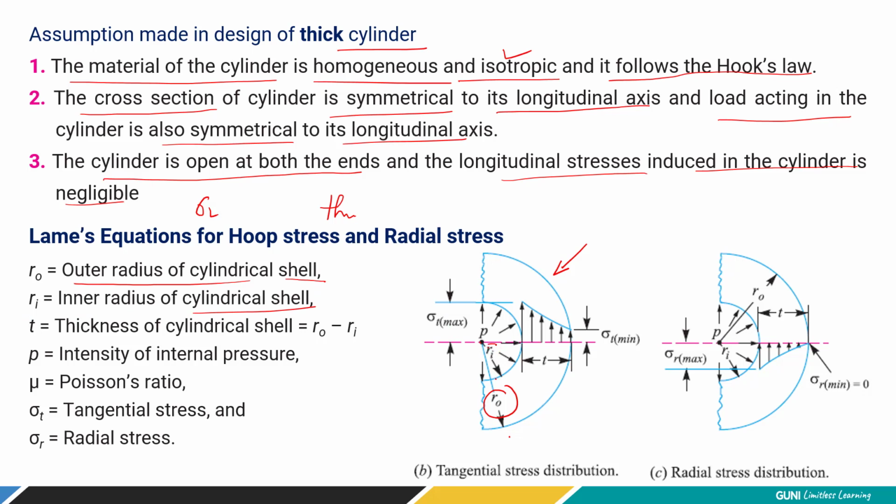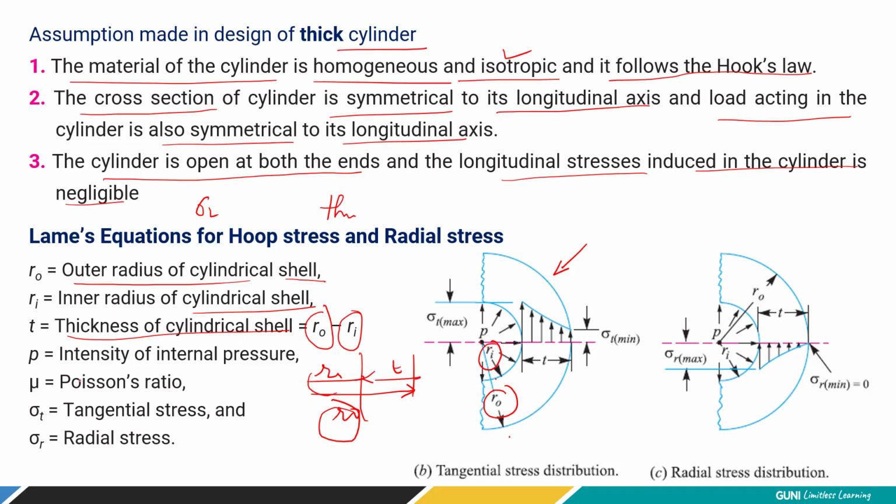Now the thickness of the cylindrical shell. How can you find it? Very simple. Subtract the inner radius from the outer radius, RO minus RI, and you are going to get the shell thickness.